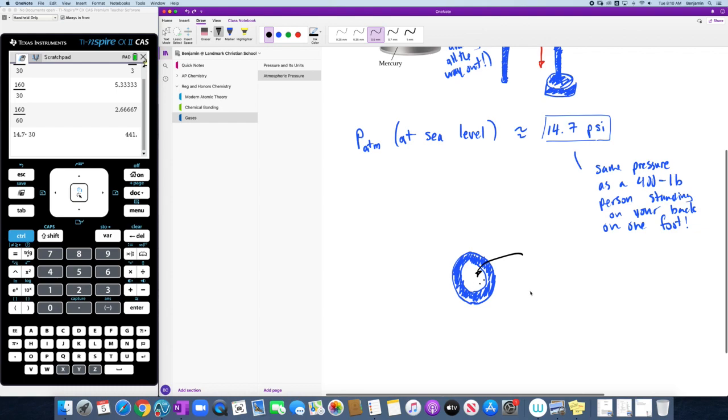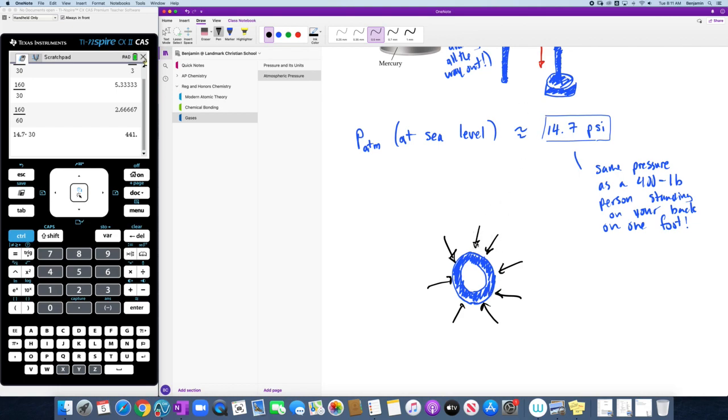Okay, and it was this strange demonstration of the force of the atmosphere. You see, when the atmosphere was pushing on all sides of this sphere, it's pushing with 14.7 pounds on every square inch, which is actually a lot.